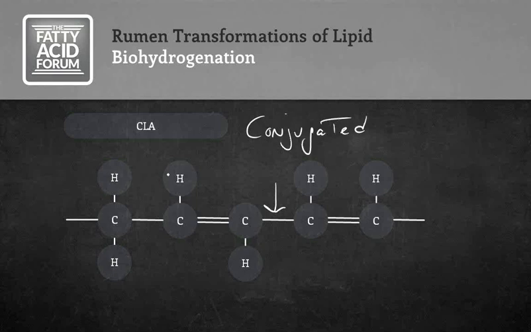Conjugated is a biochemistry term that's been in existence for a long time and refers to double bonds that are this close together. Also notice that the hydrogens in the CLA around one of the bonds are drawn on opposite sides of the carbon chain, which is used to depict a trans isomer or trans configuration.